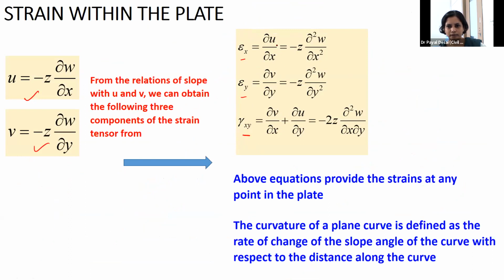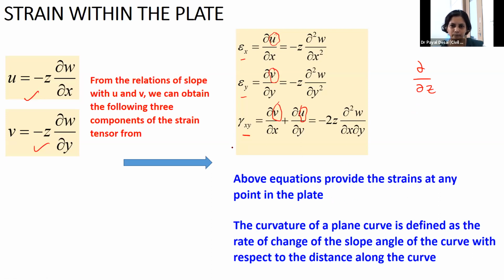These are the formulas, but I'm substituting component u here and component v here. So you will be able to see that in the formulation there is no differentiation with respect to z, because it's a 2-dimensional surface. We are analyzing the plate as a 2-dimensional surface. So the above equations provide the strain at any point in the plate.